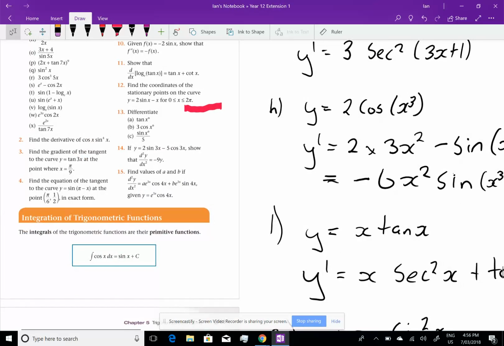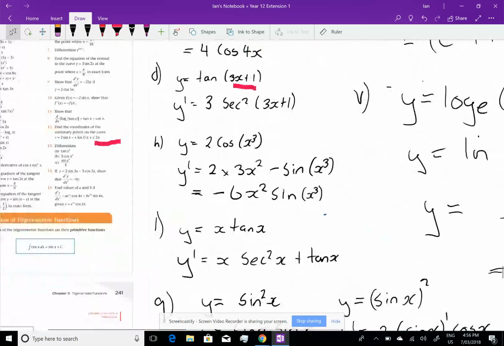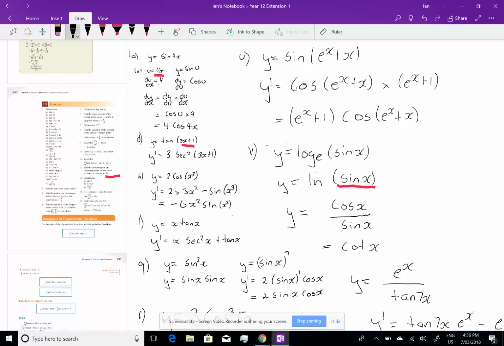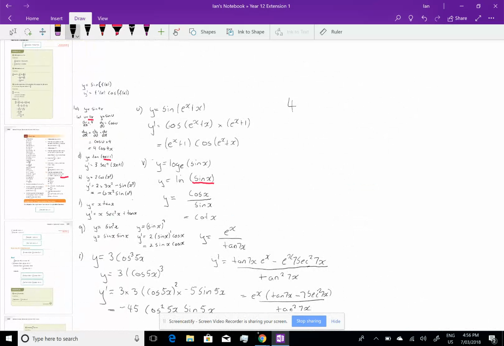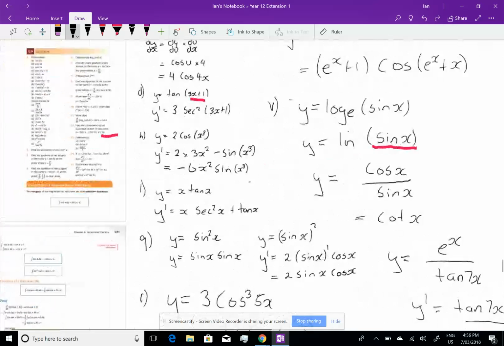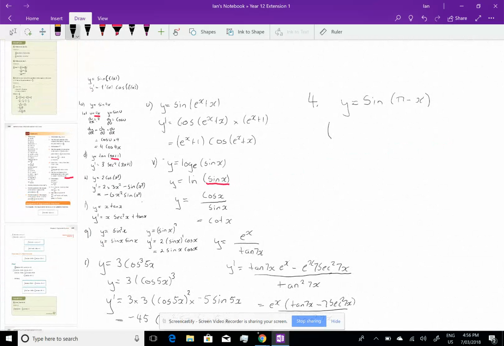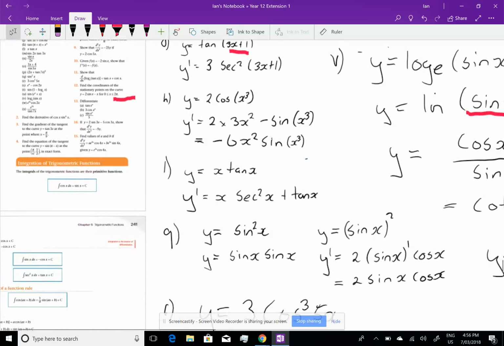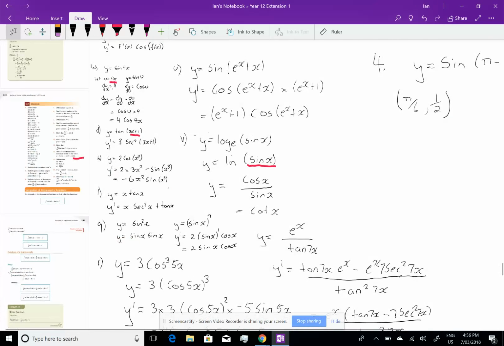So 4 was y equals sine of pi minus x. So this is your standard question 4. We're doing this at the point pi on 6, 0.5. Well, the first thing we have to do is differentiate this if we're going to find the equation of the tangent, and we want it in exact form.